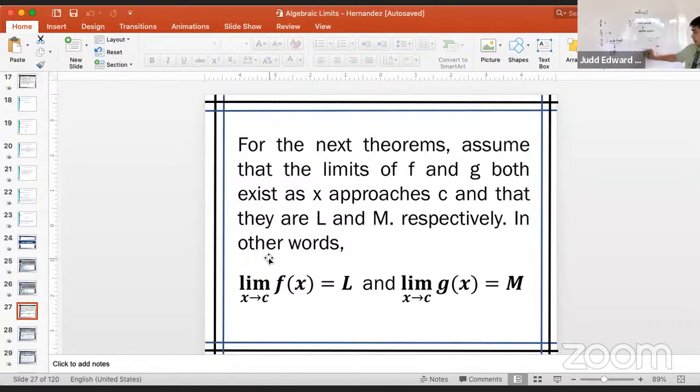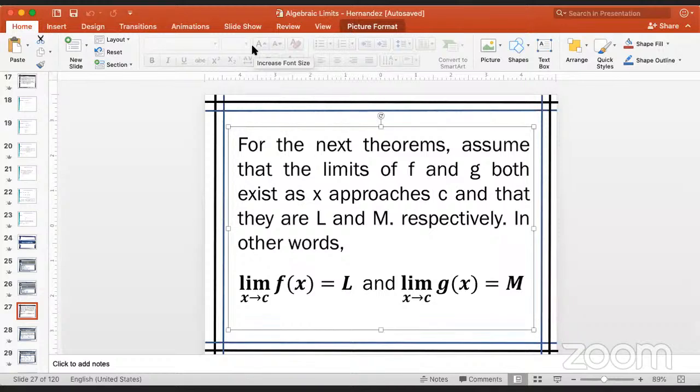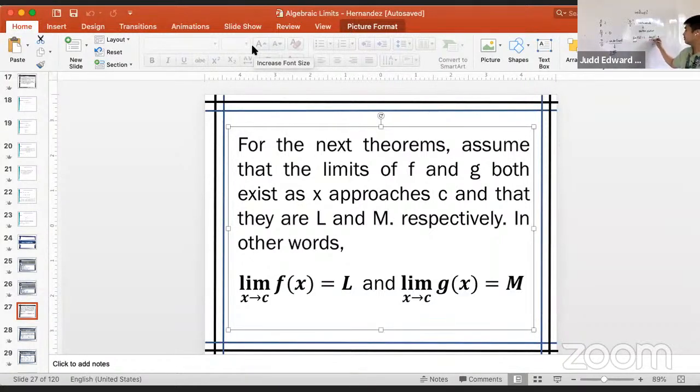So, sabi yung daw gagamitin natin, wherein the limit of f of x is equal to L and the limit of g of x is equal to M. And there will be certain values for L and M. Sulat ko lang, the limit of f of x is equal to L, wherein the limit of g of x is equal to M. Both limits are approaching c.